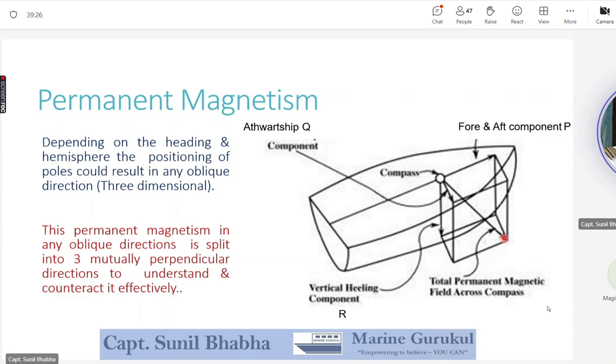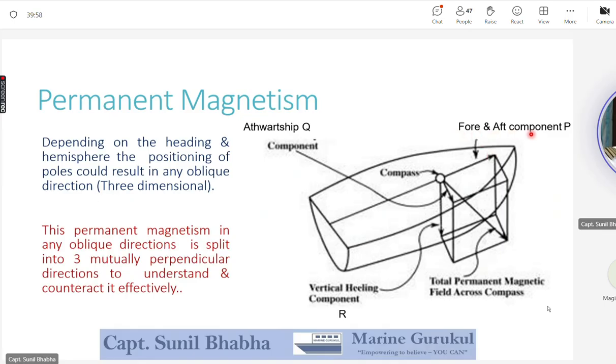Now to counter, rectify or correct this permanent magnetism in any oblique direction, we resolve it, or split this oblique vector, into three mutually perpendicular directions. One component is in the fore and aft direction.